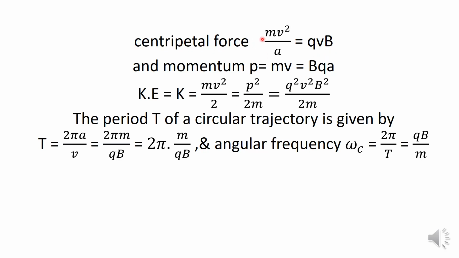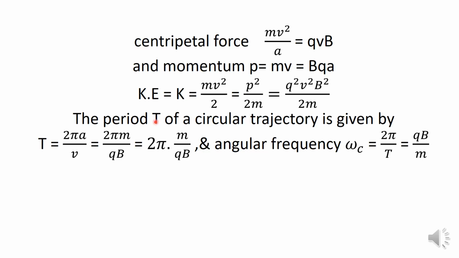Here the centripetal force mv square by a is the mechanical term we already know, and it is supplied by the magnetic force, which is qvb. The momentum of the charged particle p is equal to mv, and from this we find bqa, as v is cancelled, that is p is equal to bqa. The kinetic energy k is equal to half mv square, that is equal to p square by 2m, which is equal to b square q square a square by 2m.